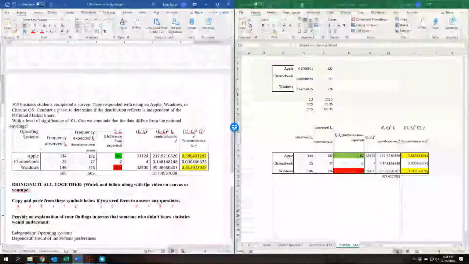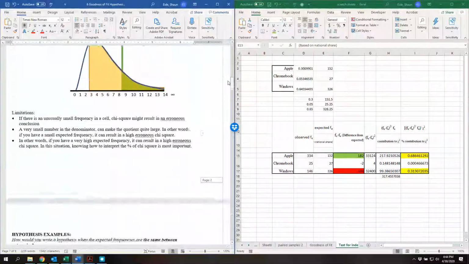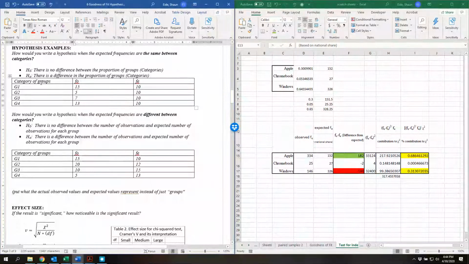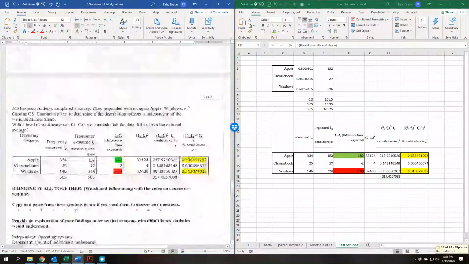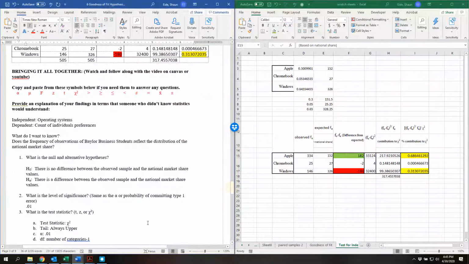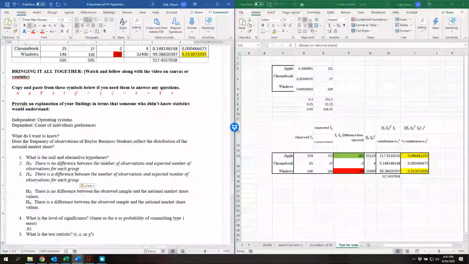Once again, just like the previous question, you come all the way up here and you can find the null and alternative hypothesis example. And you say, okay, here is a null and alternative hypothesis example for when you have different expected frequencies. So I'm going to copy this and scroll all the way down. And I'm going to paste it right there. Notice it's very similar.